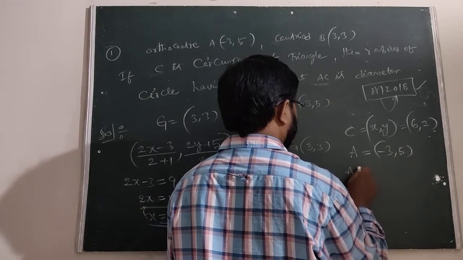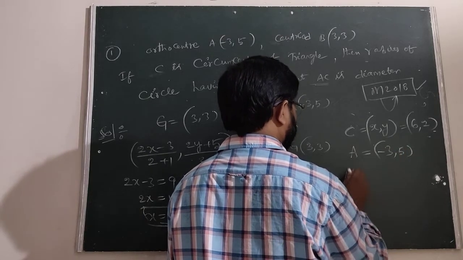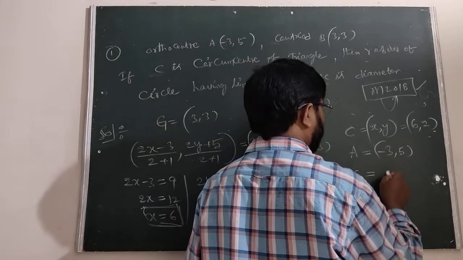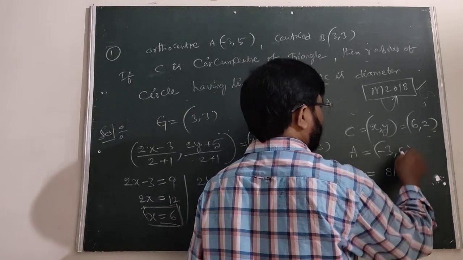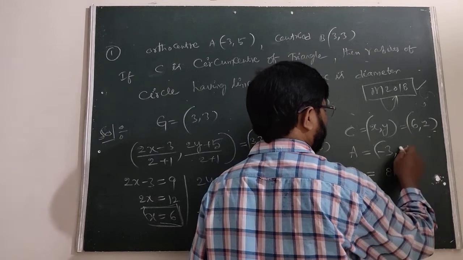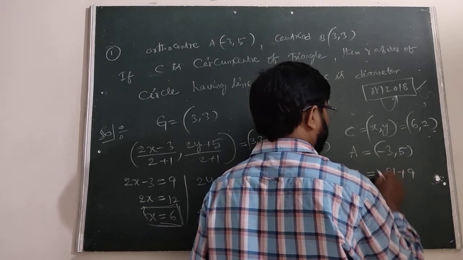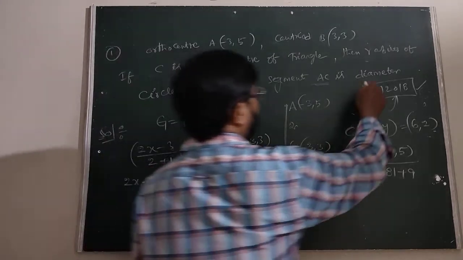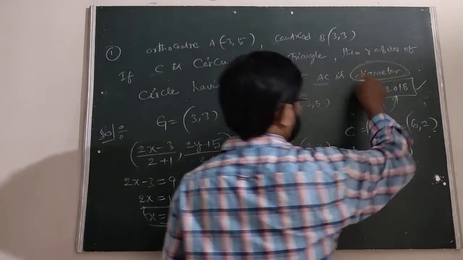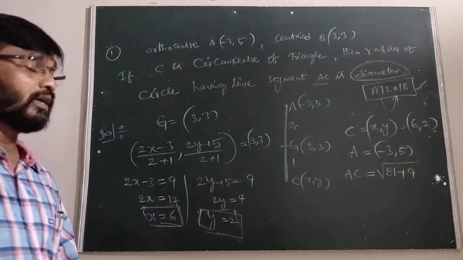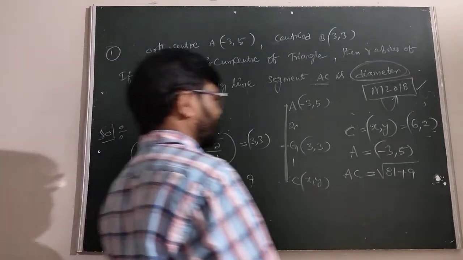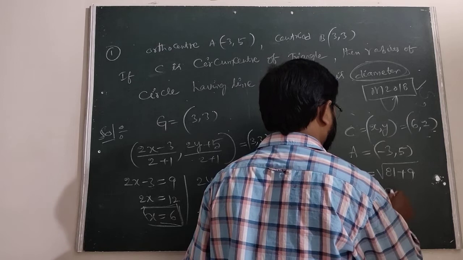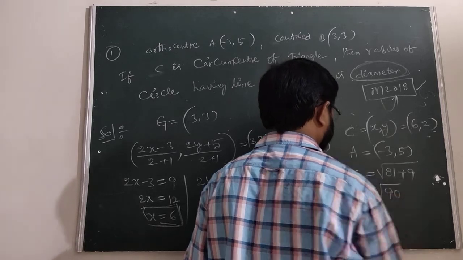Now we can write AC as the diameter: 6 plus 3, that is 9, square is 81; 5 minus 2 is 3, square is 9. Diameter means R plus R, that is 2R. Then it will be the square root of 90.